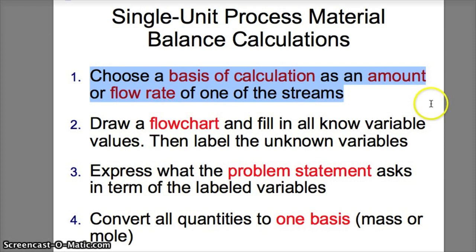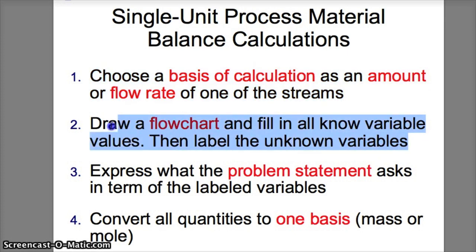You have to set the general rule on what the basis is, either a continuous or a batch process. Then you have to decide whether it is mole or kilomole or mole per liter or kilogram per liter. And then you draw a flowchart and fill in all known variable values.